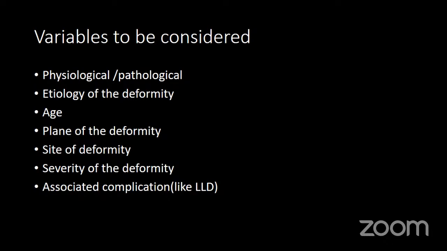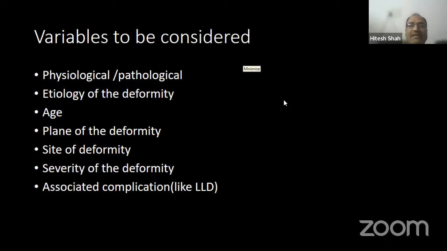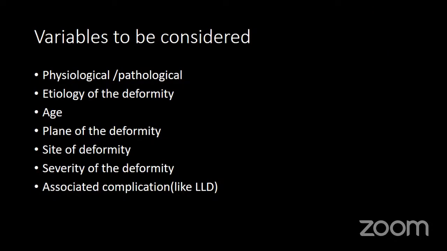Radiology is by finding the center of rotation of angulation, sir. Okay, it is not always that. For that, you need to measure the angle, like the distal femoral angle and tibial angle. You need to draw the mechanical axis.